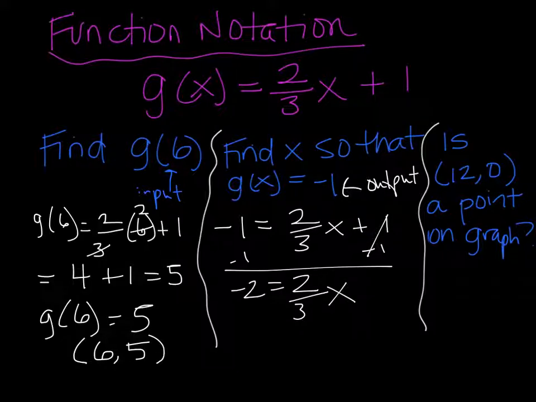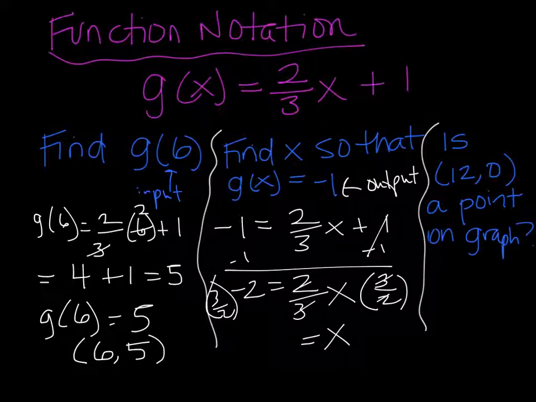And then to get my x by itself, I'm going to multiply by the reciprocal. So that's gone, I just get x. And when I do that over there, the 2's cross cancel to a -1. So you end up getting a -3.